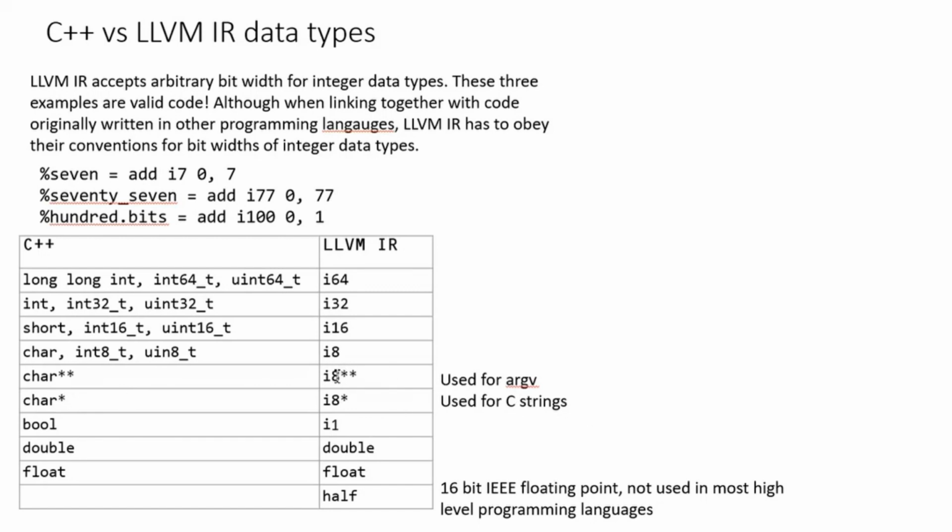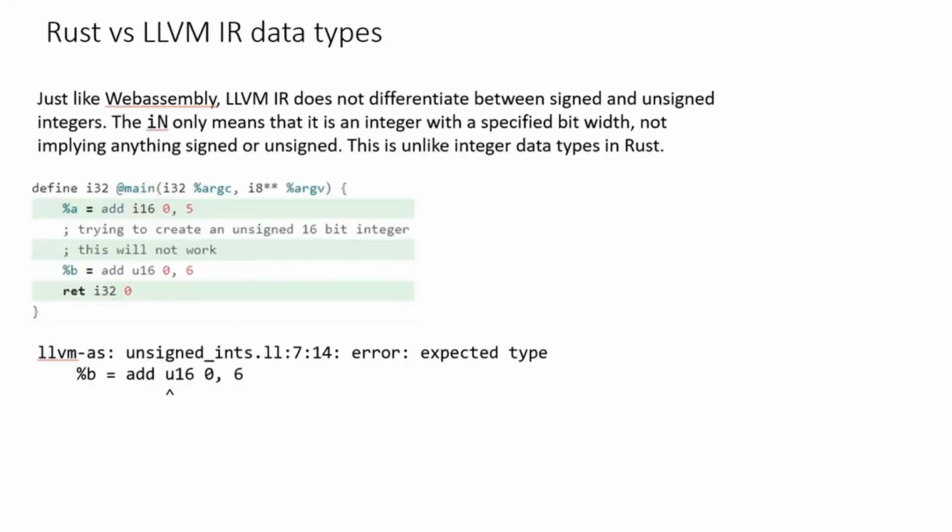And then i8 pointer pointer is used for specifying argv, the command line arguments. So that's a very useful thing to note. And then this half data type has no equivalent in C++. It's a 16-bit IEEE floating point value, but it's not used in most high-level programming languages. So we probably won't see it all that much if we are analyzing LLVM intermediate representation code that has been compiled from a higher-level programming language.